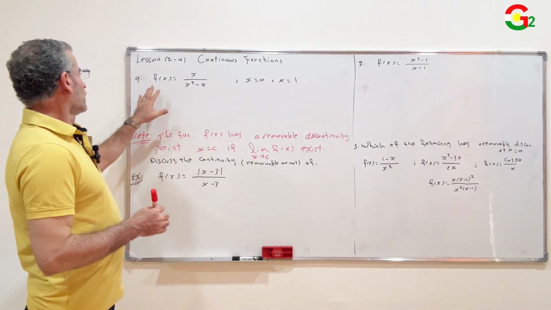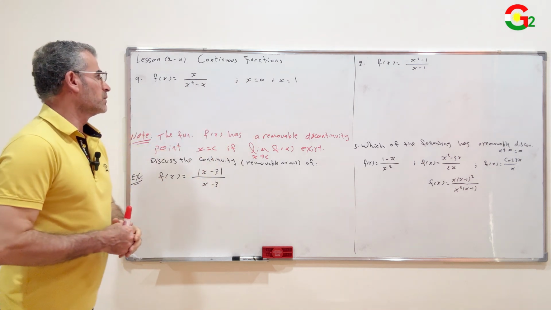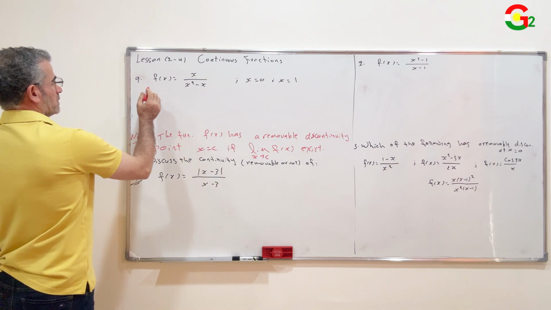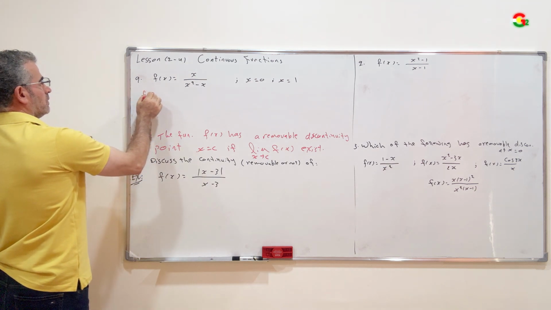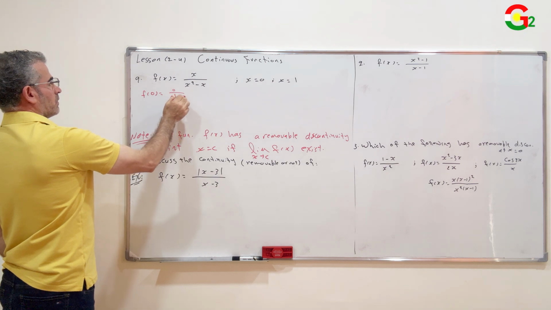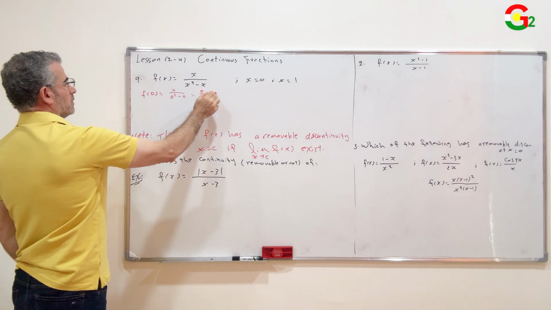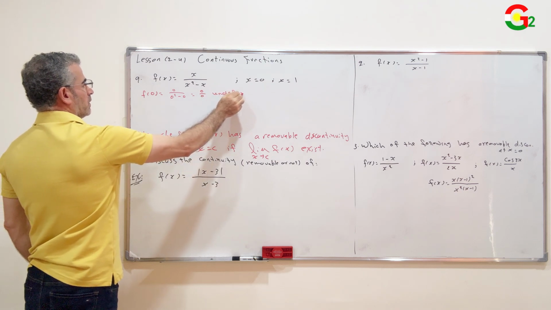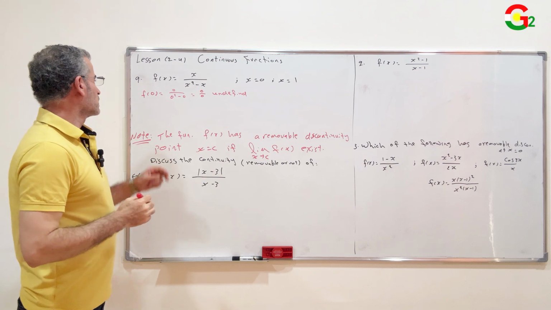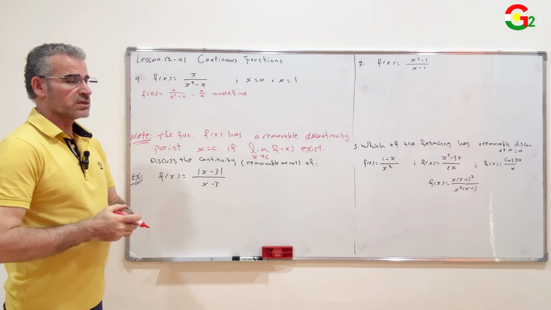Example: discuss the continuity of this function at x equals 0 and x equals 1. At x equals 0, f of 0 equals 0 over 0 squared minus 0, which equals 0 over 0, undefined. Therefore, the first of the continuity conditions is not met and the function is discontinuous at 0.